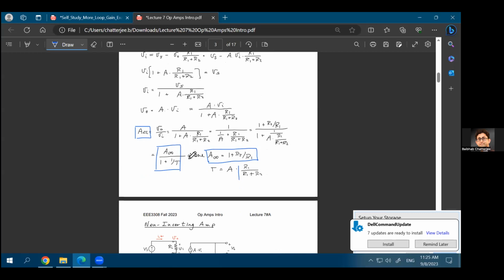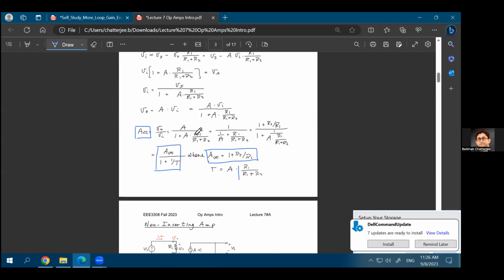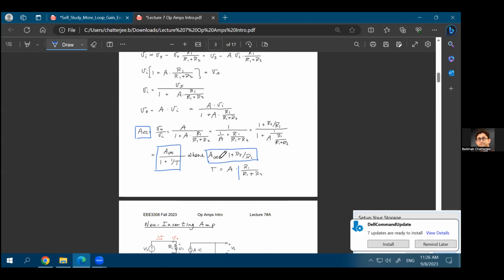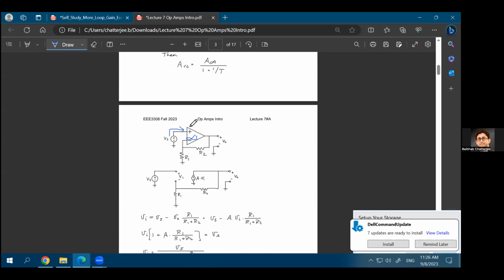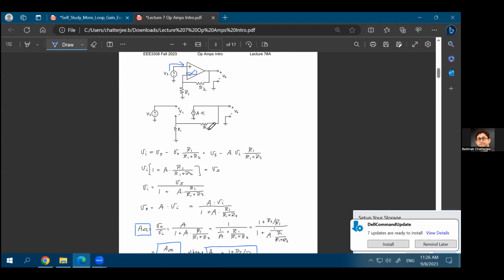A infinity is the gain of the system, assuming that you have infinite feed forward gain. The open loop gain is defined in a different way. Electronic circuits are sometimes more about the nomenclature.